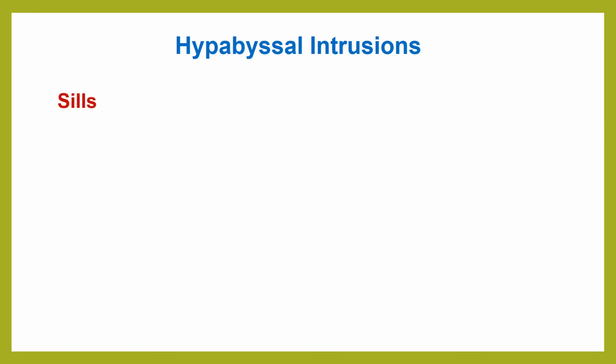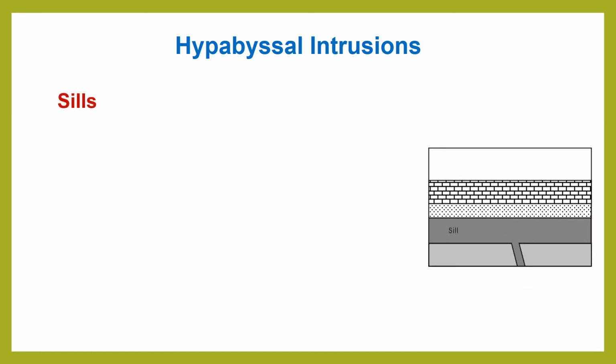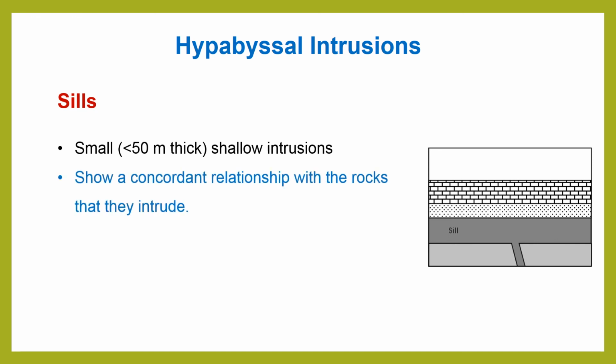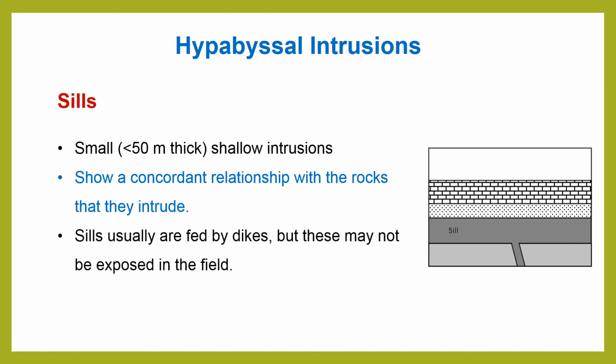The second type is sills, and you can see from this figure that sills are concordant. They follow the bedding of the surrounding rocks, and they are also small, less than 50 meters thick, shallow intrusions. They have a concordant relationship with the rocks that they intrude, and usually they are fed by dikes. Dikes give them the magma, but these may not be exposed in the field. You cannot see that in the field.